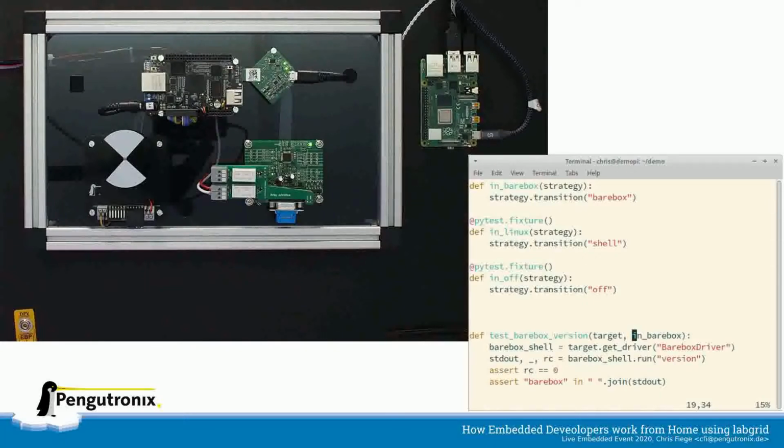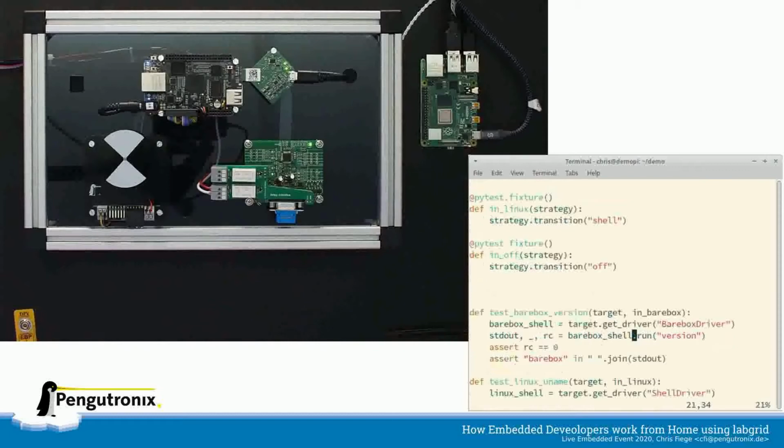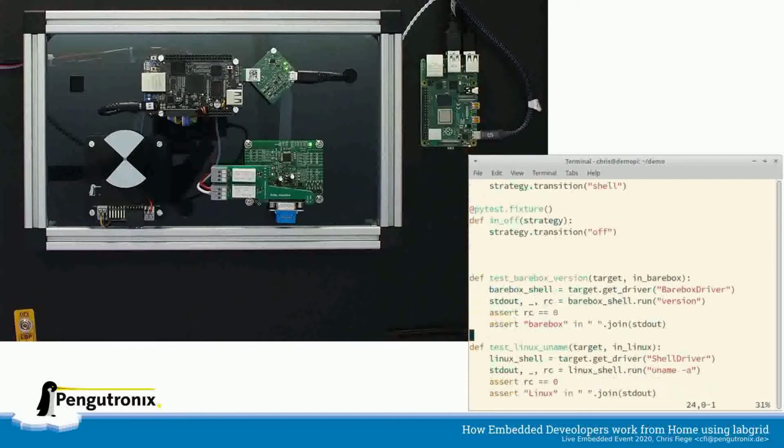By using this fixture, our target will be in the state barebox once we start the test. We will run the version command in our bootloader shell. Just check the return code like we did in the script before. And if everything is fine, our test will be okay. Otherwise, the test will fail. We can do the same in Linux.